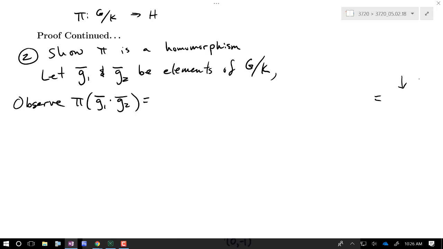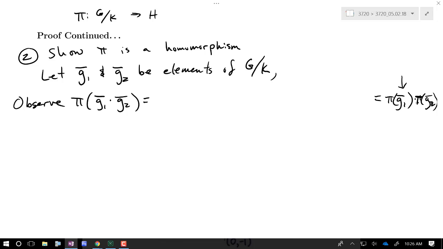Would it be that pi of G1 bar times G2 bar equals pi of G1 bar times pi of G2 bar? Yeah, that's what we want, just to keep our eyes on the prize.